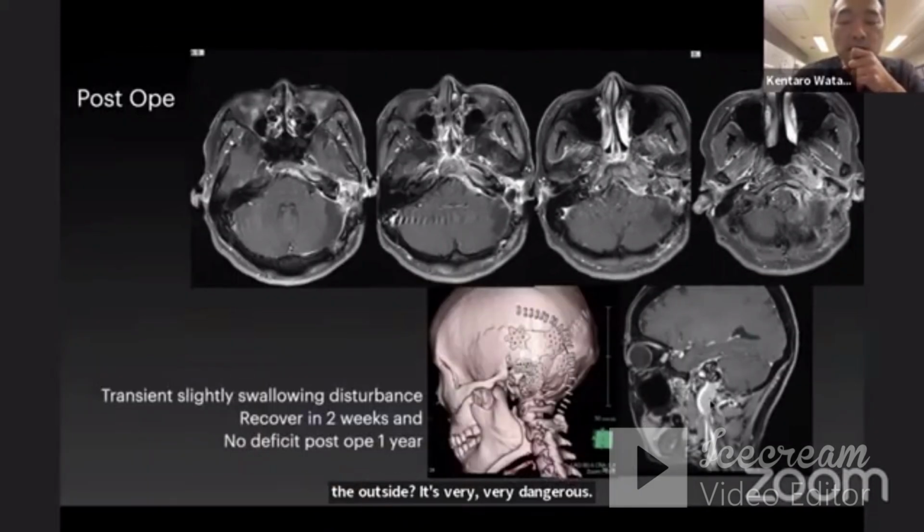So I will observe this type of tumor, and if the tumor grows and there is a small corridor to access the tumor, we can start tumor removal again. But I think meningioma is a not very aggressive tumor, so we can leave the cervical regions around here.